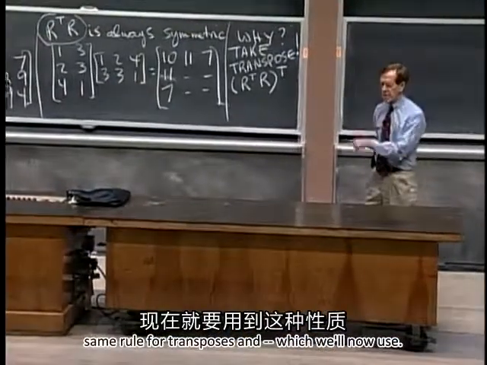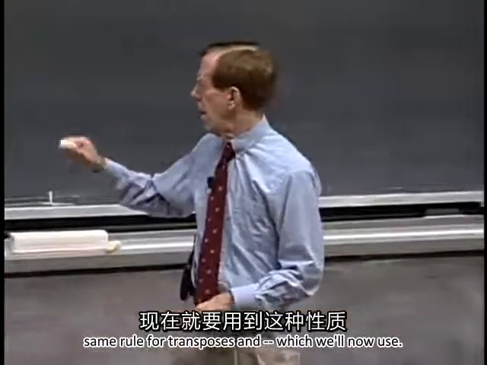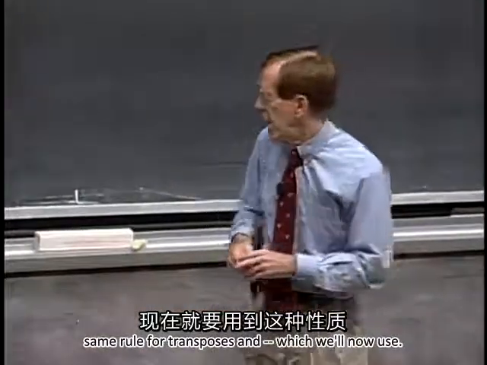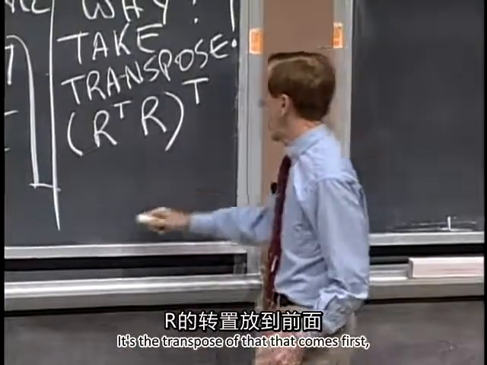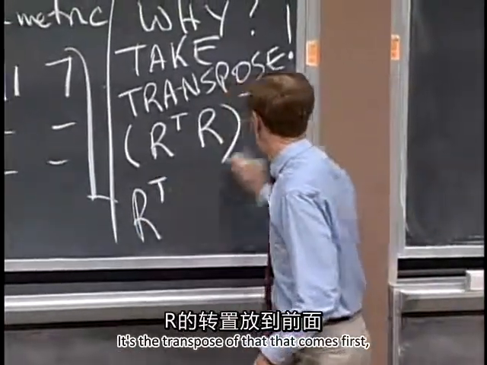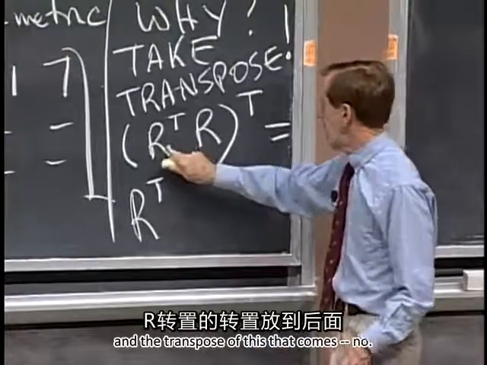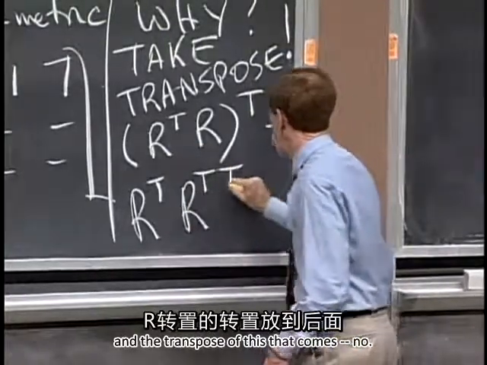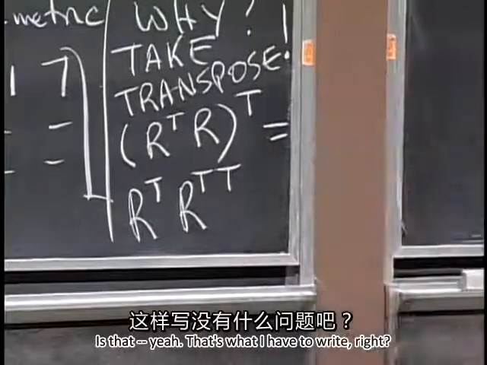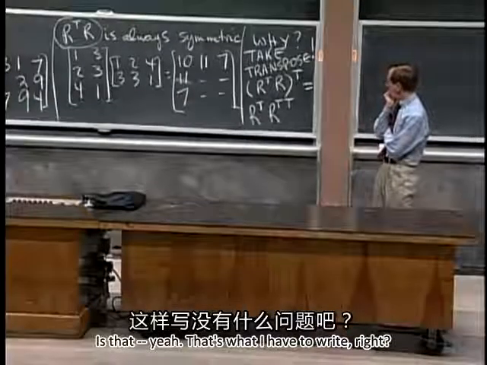Same rule for transposes, and which we'll now use. So the order gets reversed. It's the transpose of that comes first. And the transpose of this comes now. Is that what I have to write, right?